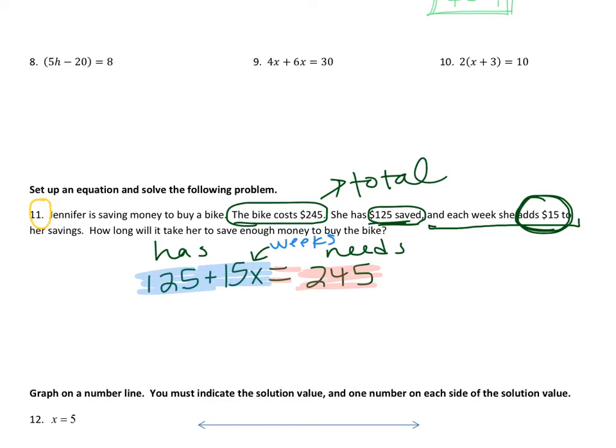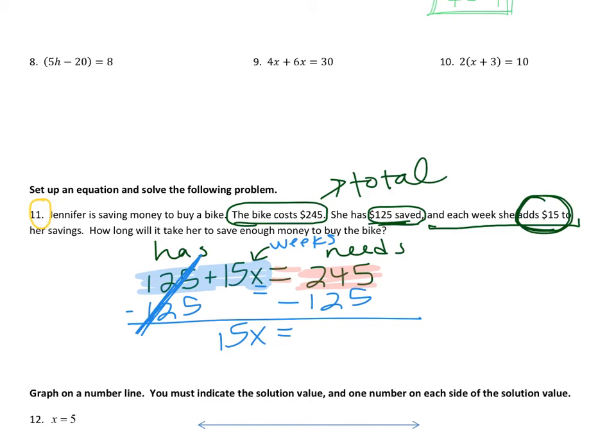So if we go through and solve there, I want to solve for the x value. So there's my x value. I'm going to subtract 125 on both sides. 125 minus 125 is 0. That's the whole point of subtracting it. Bring down 15x equals, and if we subtract here, we get 120.